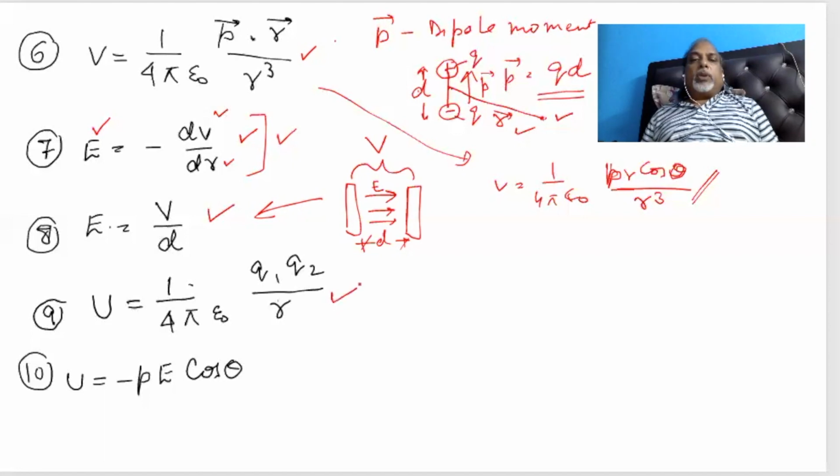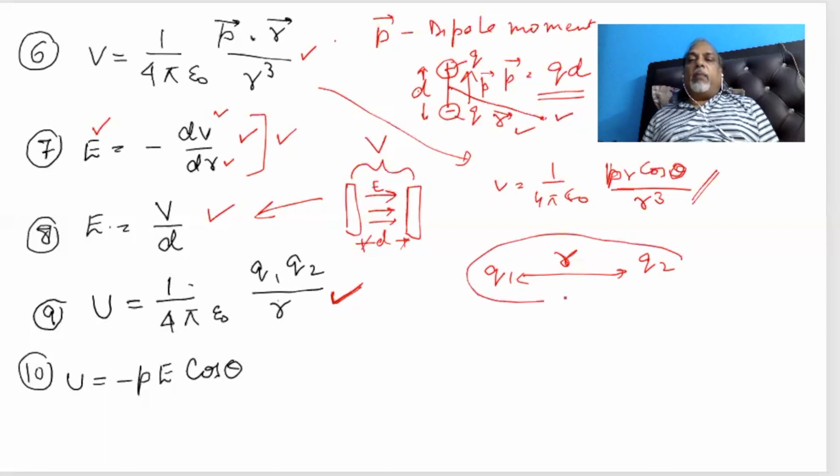Now, what is this? This is equation number 9. You remember anything? Basically U, that is electric potential energy, is equal to 1 by 4 pi epsilon 0 Q1 Q2 upon R. Suppose this is your Q1 charge and this is Q2 and they are spaced at R, then what is the potential energy of this system?